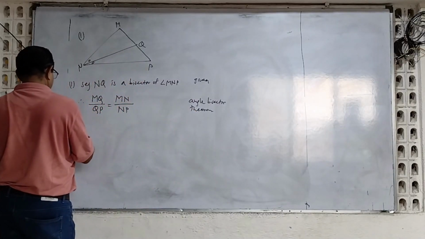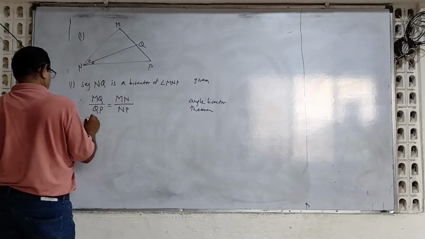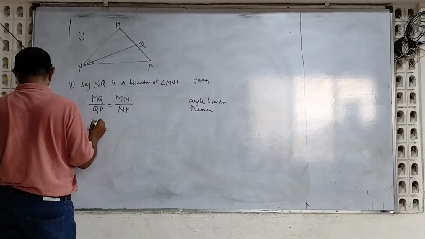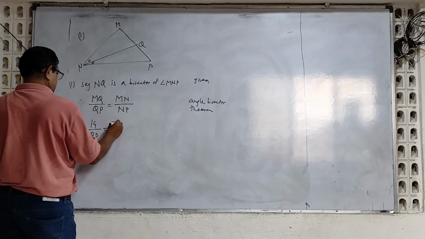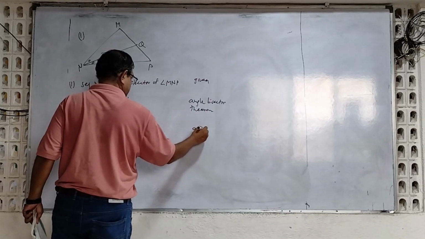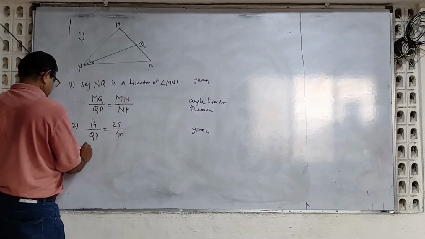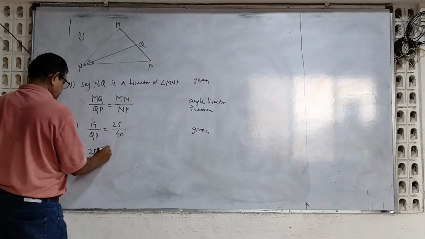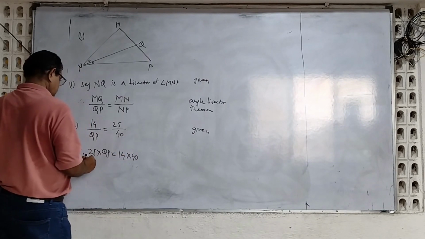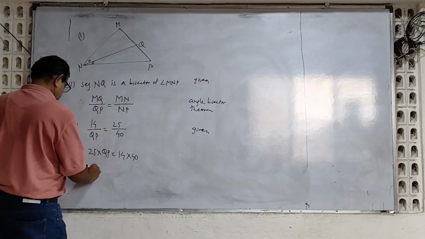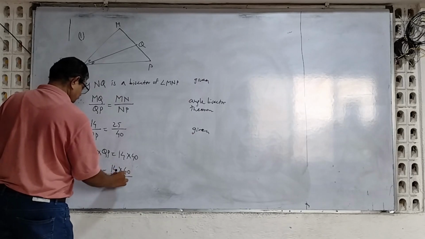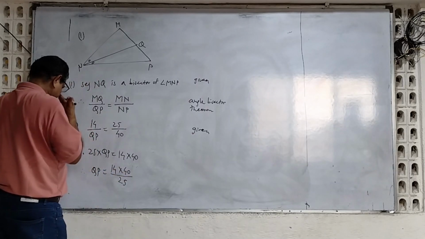And so, substitute the values: 14 upon QP is equal to 25 upon 40. Again the reason is given. Cross multiply: 25 into QP is equal to 14 into 40. And therefore QP is equal to 14 into 40 divided by 25.